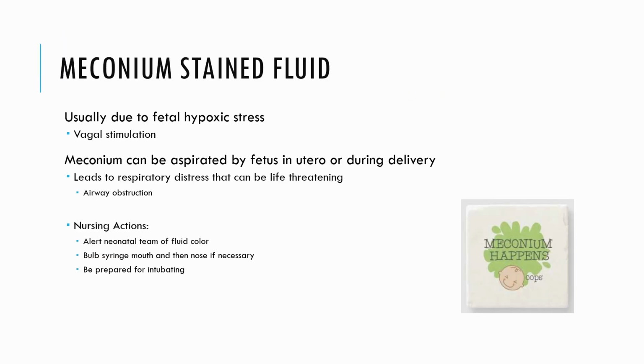Okay, meconium stained fluid. So this is where baby poops inside a mom. So normally babies do not have their first bowel movement until they're on the outside of mom. But if they experience some sort of fetal hypoxic stress, okay, so let's think of some things that could stress our baby out. Maybe mom's blood pressure tanks and we now drop her blood supply to baby. That could cause it to poop itself.